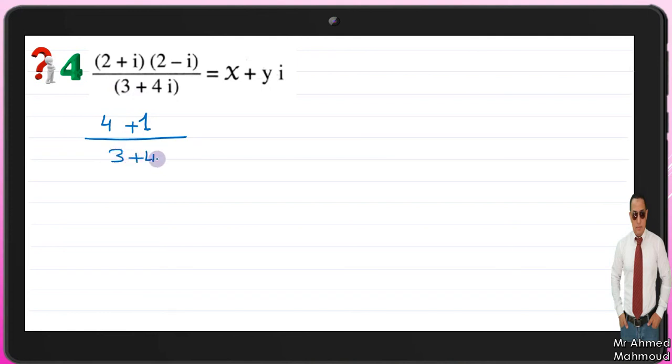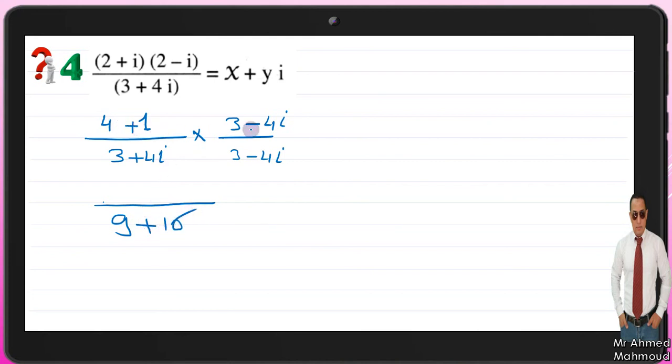3 plus 4i. Multiply up and down times the conjugate 3 minus 4i. The denominator: 3 times 3 equals 9, 4 times negative 4 equals negative 16, i power of 2 changes the sign, plus 16.